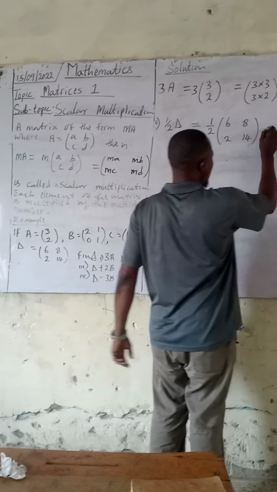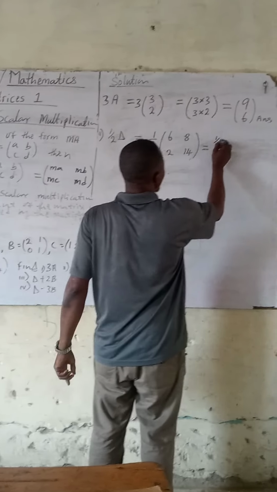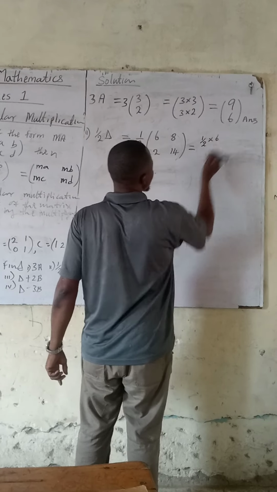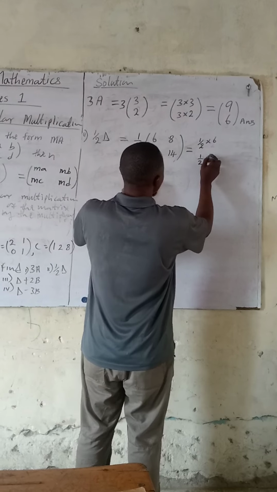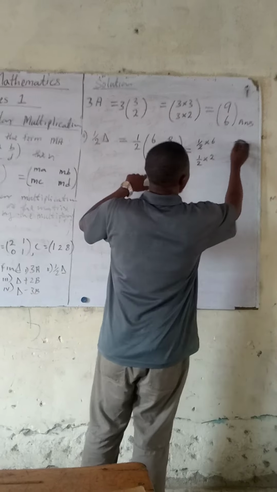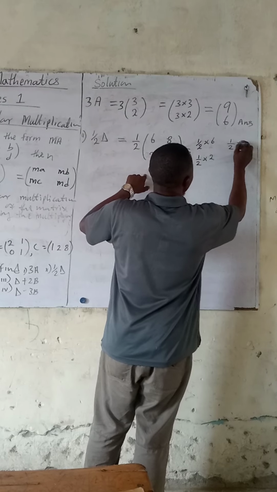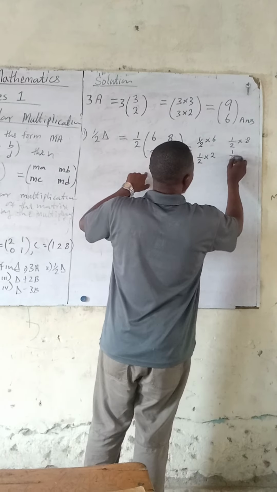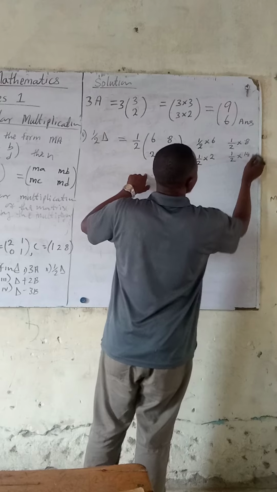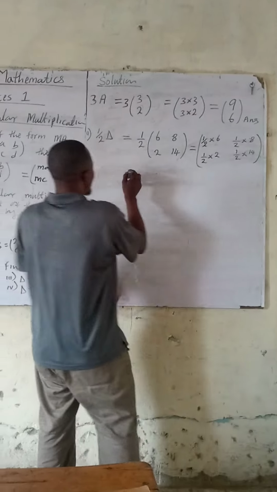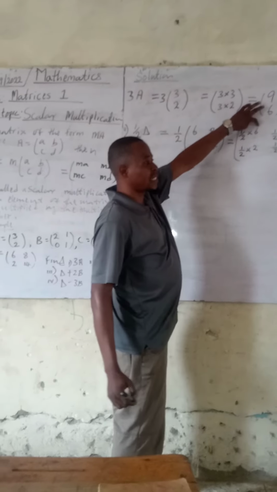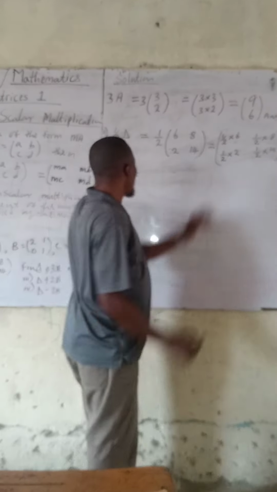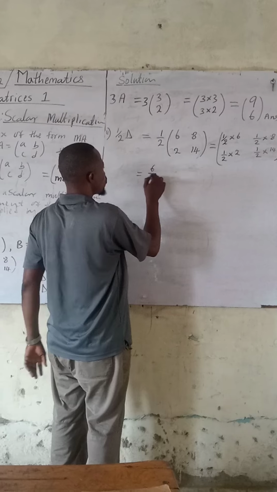Let's now do it together. Equals 1/2 times 6, then 1/2 times 2, 1/2 times 8, 1/2 times 14. So as we have it like this, 1 times 6 will give you 6, then we have 6/2.